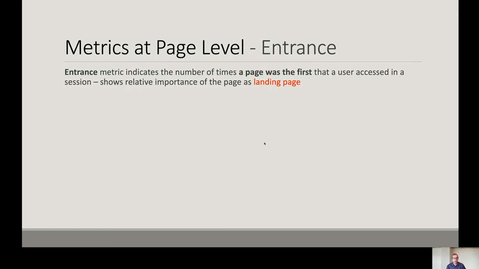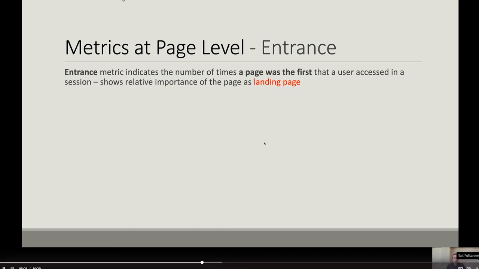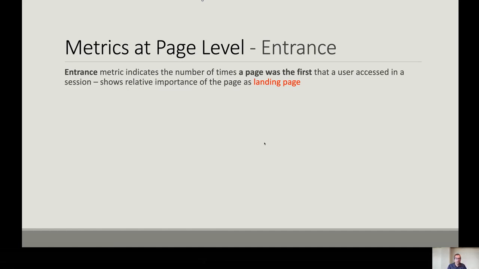Now, another way of looking at users' interaction with the page is through the entrance metric. This indicates the number of times that the page was the first that a user accessed in a session, right? So in that sense, the number of entrances on a page shows the relative importance of the page as a landing page on the website.